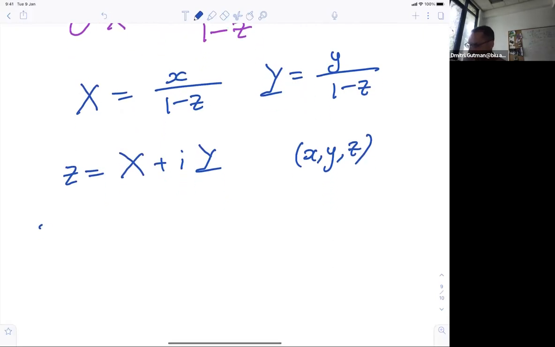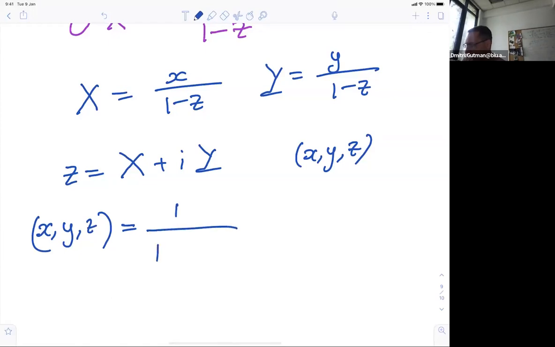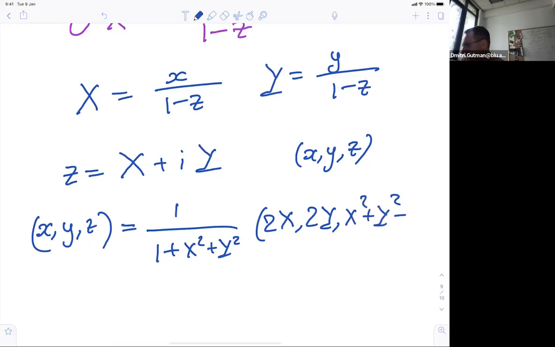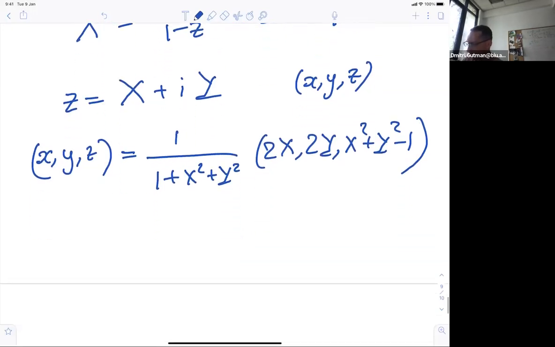I can say that the point on the unit sphere x, y, z has the following components: 1 plus X squared plus Y squared, 2X, 2Y, X squared plus Y squared minus 1. So this is this transformation in reverse.